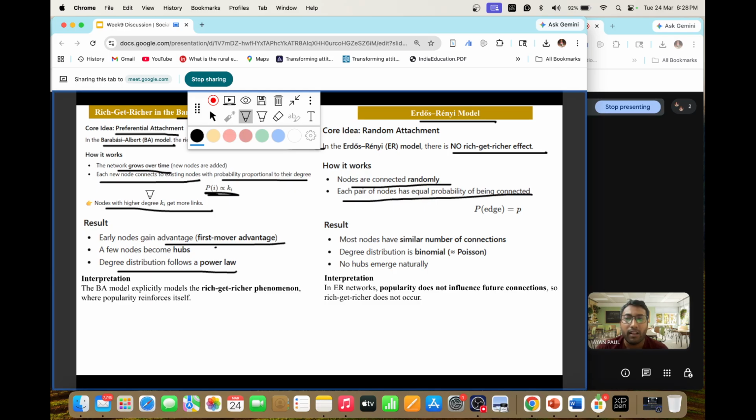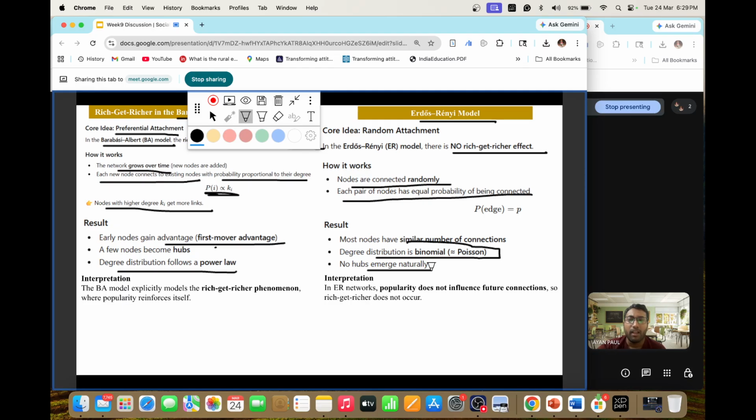So the result in the BA model: early nodes gain advantage, that is first mover advantage. A few nodes become hubs, and the degree distribution follows a power law. In the ER model, most nodes have a similar number of connections. The degree distribution is binomial or Poisson, and no hubs emerge naturally.